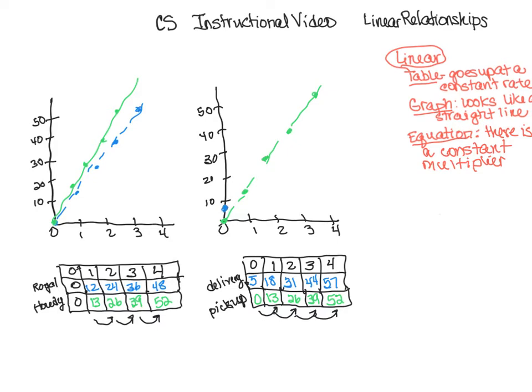So notice I'm not starting at 0, 0. I'm starting on the y-axis. And then 1 would be 18, and 2 would be 26, and 3 would be 39, and 4 would be 57.